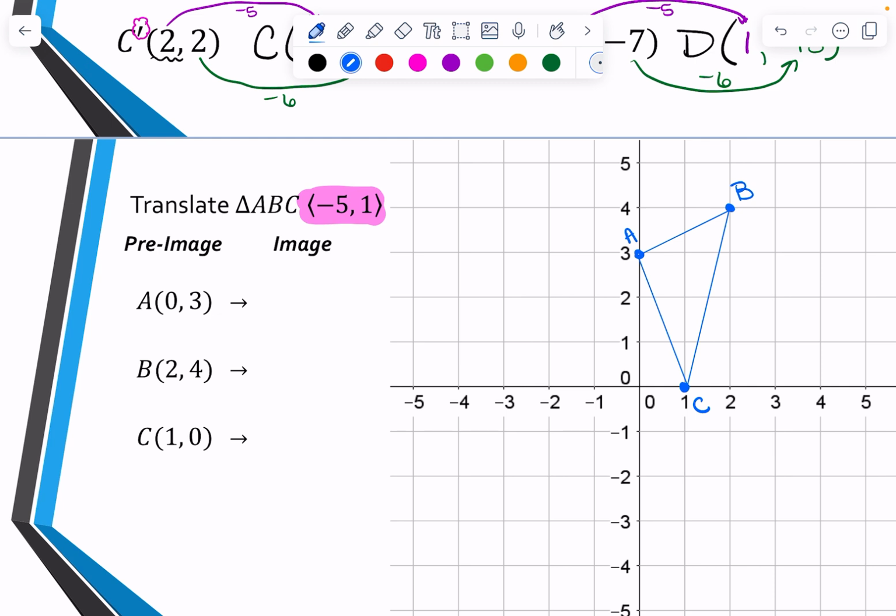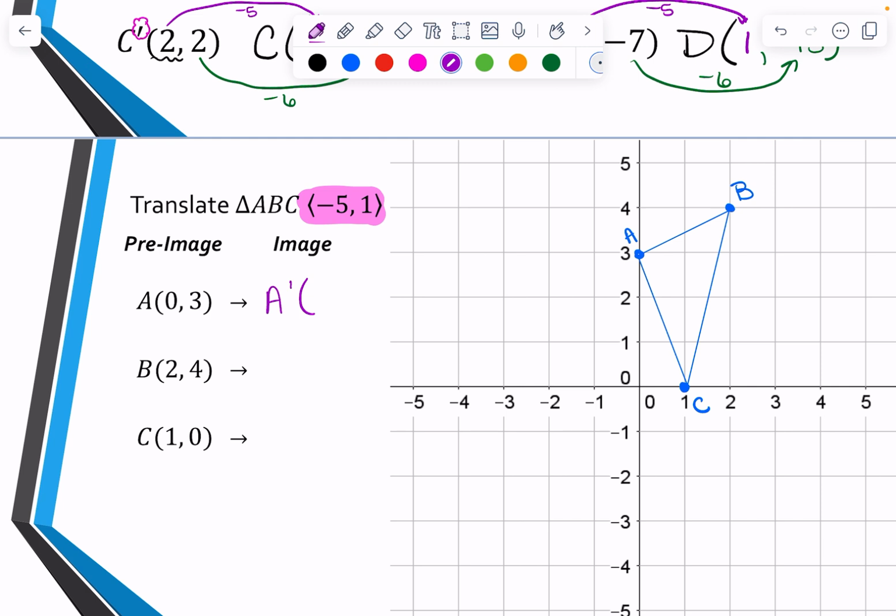Okay, so there is my pre-image. Now I'm going to take those and translate them. So here, A prime is going to be located by going 5 to the left and 1 up.